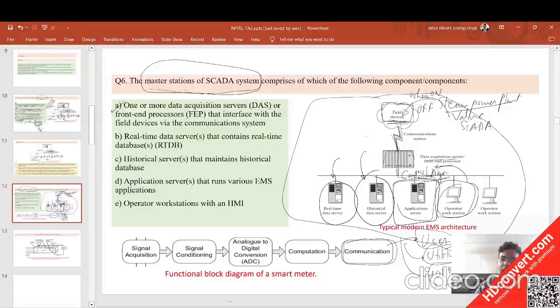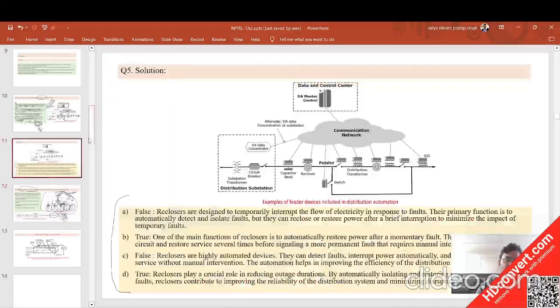Then it is communicated to the field devices, and the valve will open or close, on or off. So there are multiple channels if you are controlling the field devices through your operator workstation. You have to go through various channels, then come to a particular solution in this SCADA system.